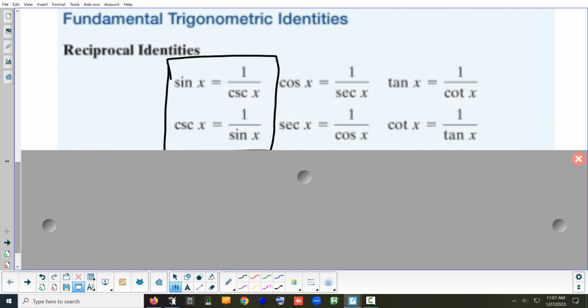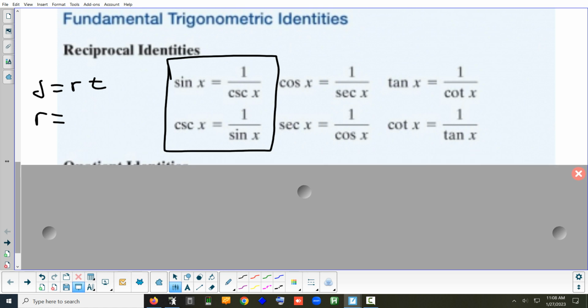They're really not different formulas. And the way I usually explain why they're the same thing is think of this formula, distance equals rate times time. If you solve it for rate, what would it equal? R equals D over T. And if you solve it for T, what would it equal?